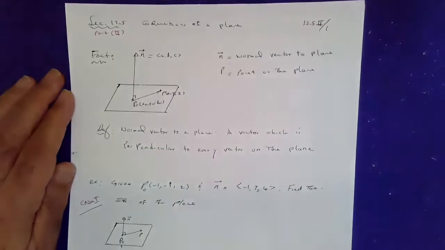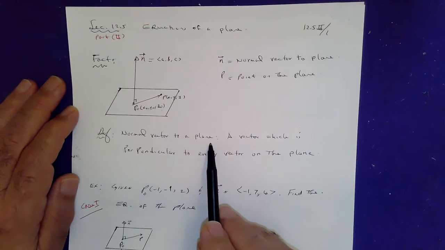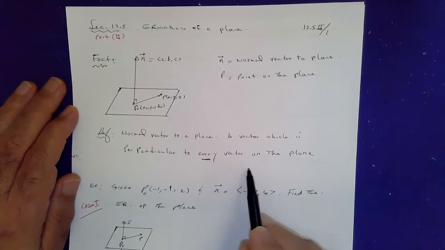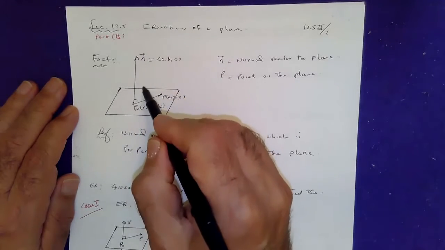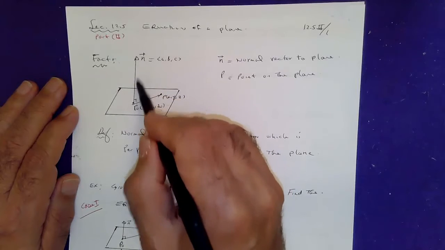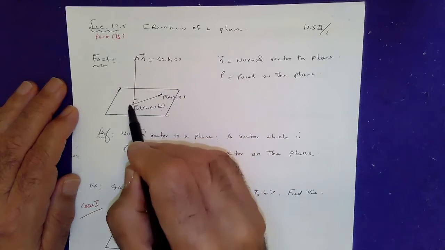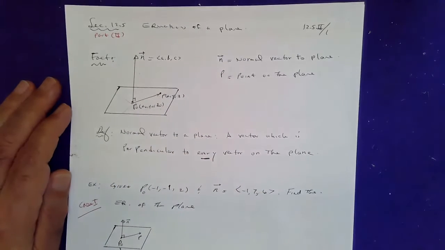What's the definition of a normal vector to a plane? A normal vector to a plane is a vector which is perpendicular to every vector on the plane. So the minute you draw or determine the normal vector, that normal vector is perpendicular to any vector which you draw on the plane.